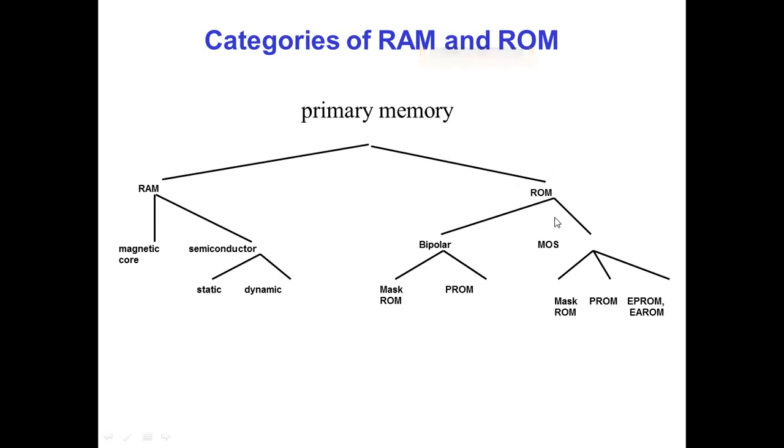We are not losing the data here, even after switching off our system, because there is permanent programming and permanent storage here. But from the ROM, we cannot retrieve the data every time because there is a fixed programming there.